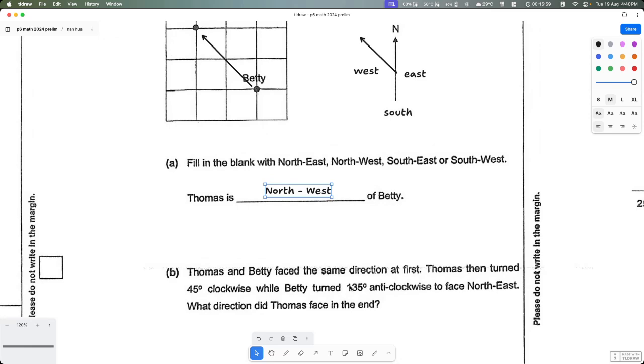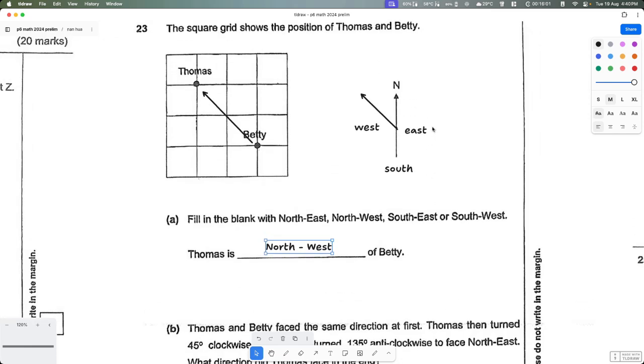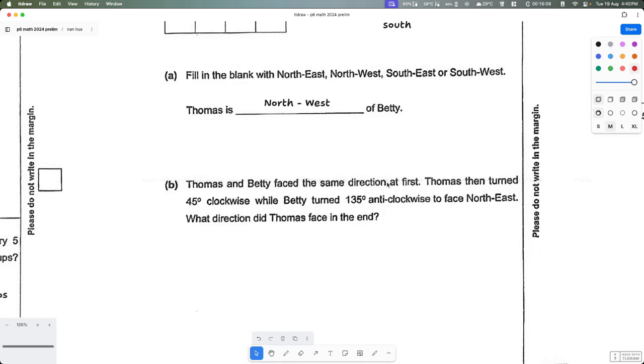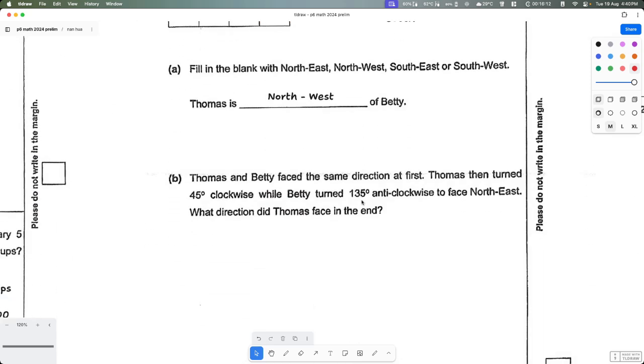So Betty faced northeast. Northeast is over here, right? So basically, this is the line here, and then she turned anti-clockwise 135. Okay, so 135.